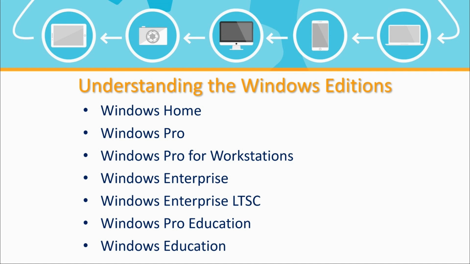And then Windows Education is the equivalent of Enterprise, for the education system. There is no LTSC version of Education, by the way. All right. Well, hopefully now that helps you understand the different editions of Windows.